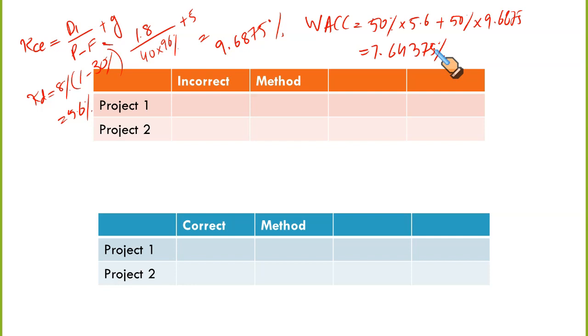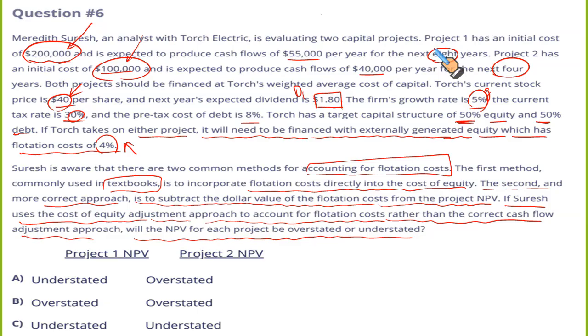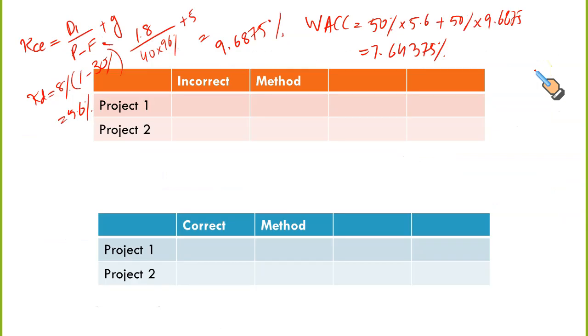Okay, both the projects, we have the information. Let's just have a look again. First project, 200,000 initial outflow, 55,000 yearly inflows for the next 8 years. Then the second one, 100,000 outflow and then 40,000 inflow for the next 4 years. So keep this information. It's not the incorrect approach, it's the textbook approach.